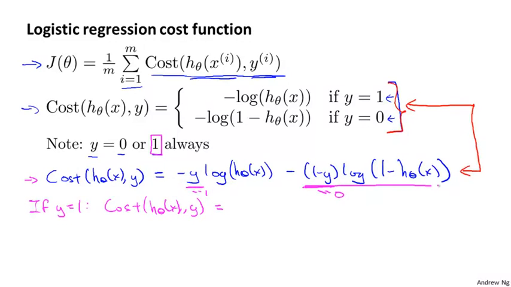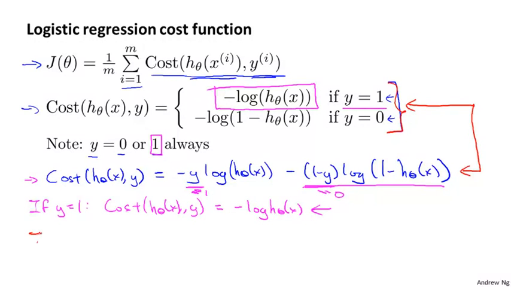So the second term gets multiplied by 0 and goes away, and we're left with only this first term, minus y times log h of x. Since y is 1, that's equal to minus log h of x. And this is exactly what we have up here for when y is equal to 1.